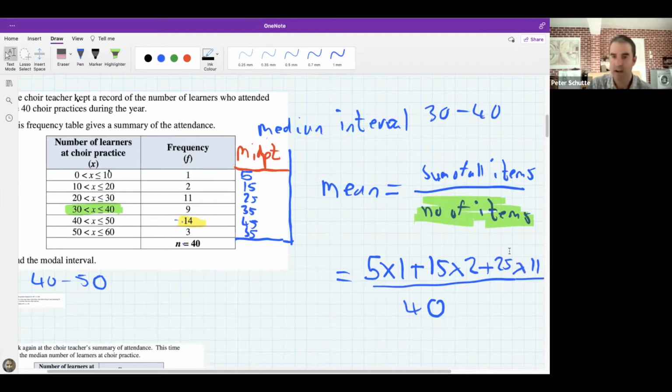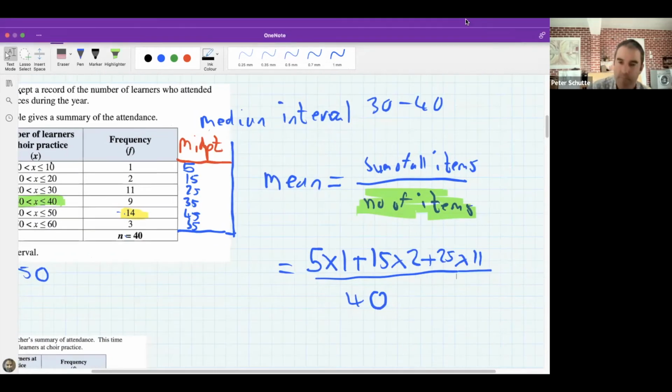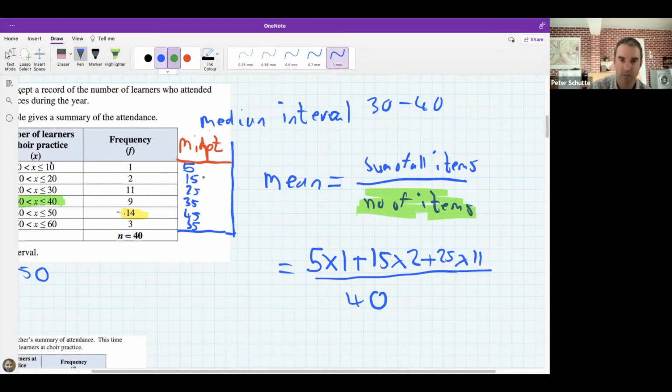Now, I want you to complete this question, and I want you to find me the estimated mean for this question. Now, I'm not finished. Remember, I've only done the first 3 intervals. So I did those 3. I want you to finish it off and get me a final answer for the estimated mean.